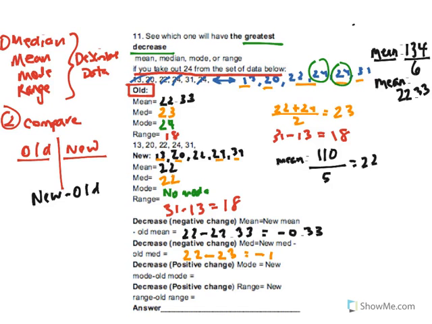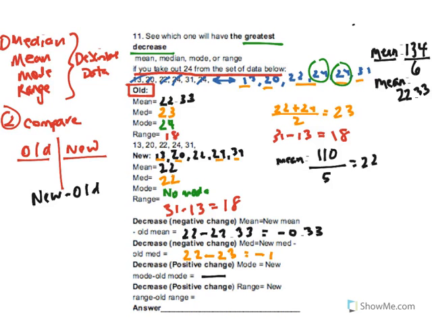Then we want to find the new mode minus the old mode. Well, we can't really do this one because this one isn't a number, it's no mode. So ignore that one.